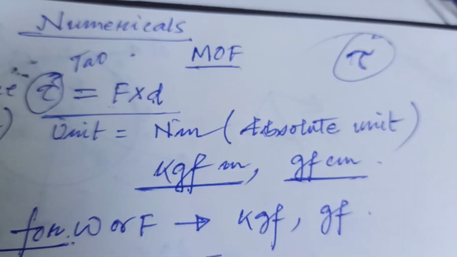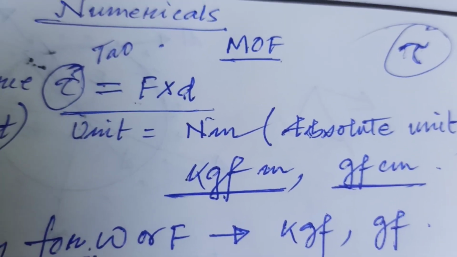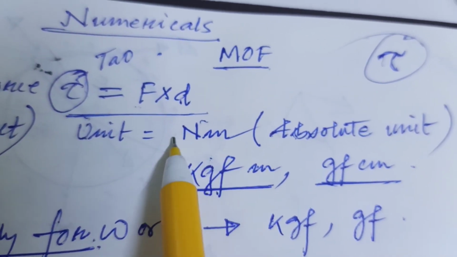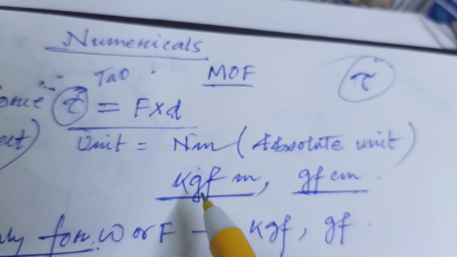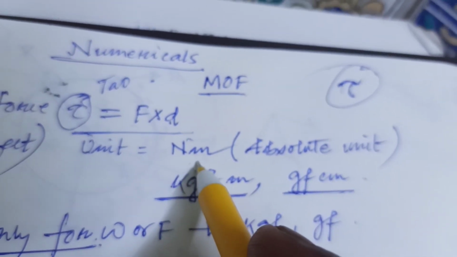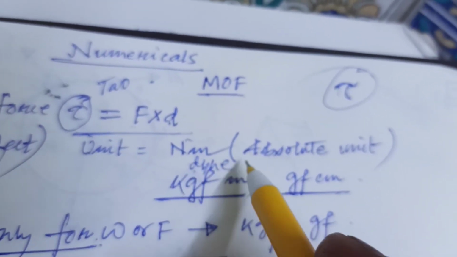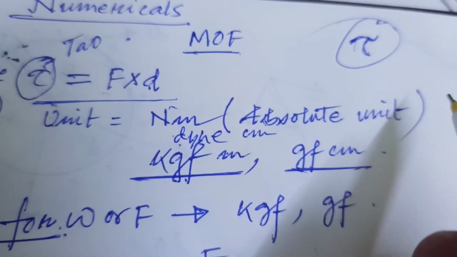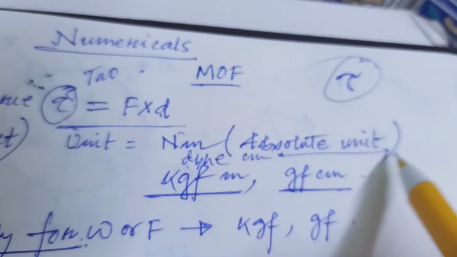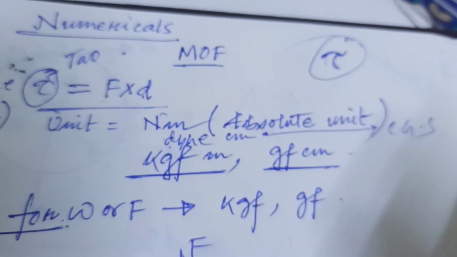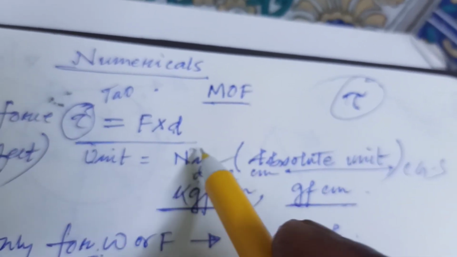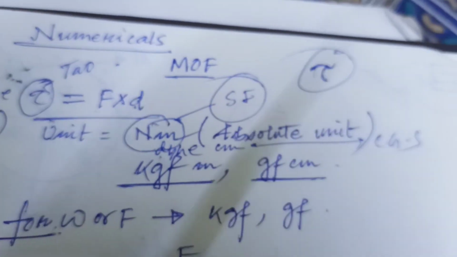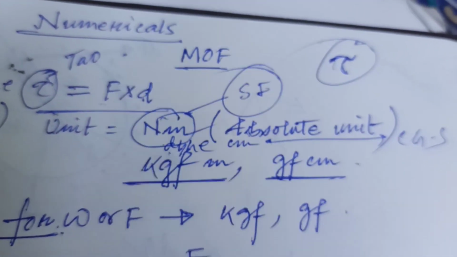The unit for force is Newton, and for distance it is meter. So Newton meter, or we can write dyne centimeter. Dyne centimeter is the CGS unit, and Newton meter is the SI unit.